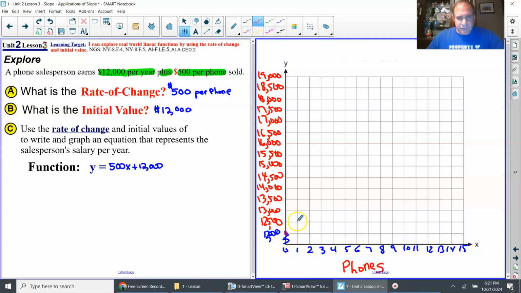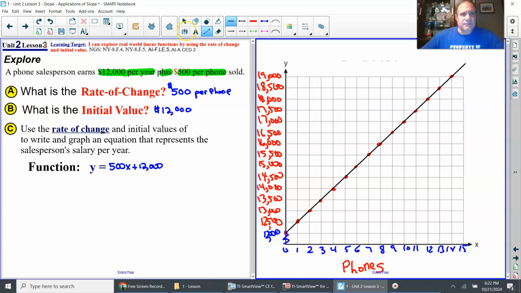1 phone increases the pay by 500. 2 phones increases the pay by 500. You just go up like this. Make a nice big point, and you go up just like that. And that is it. Connect those points.